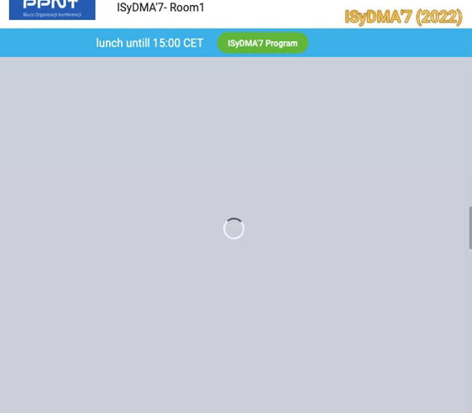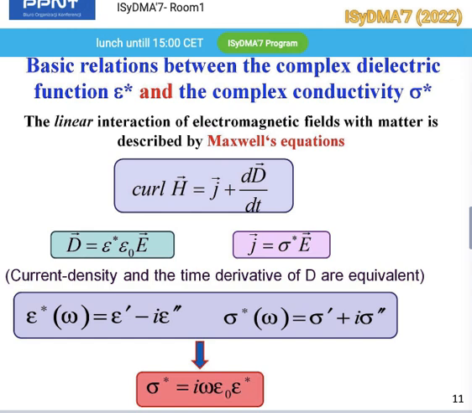If you check with one of Maxwell's equations, you find there is an equivalence between the temperature dependence of the dielectric displacement and the current density. If you insert these linear material equations, this is Ohm's law in microscopic form, then you arrive at a relationship between the complex conductivity and the complex dielectric function.